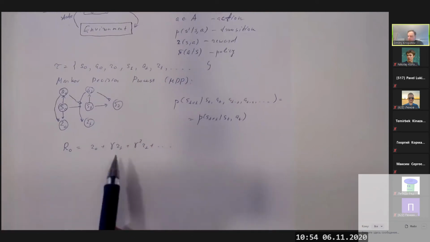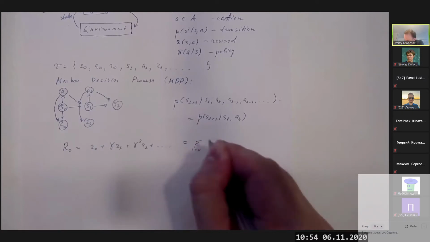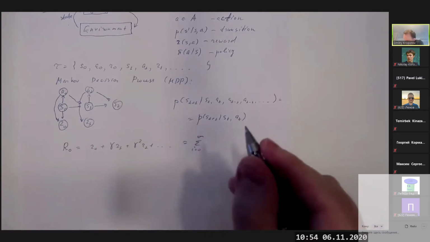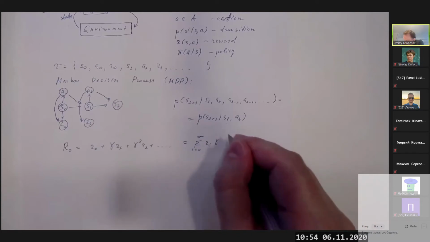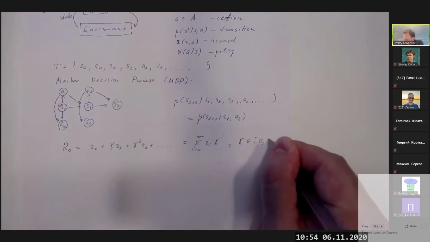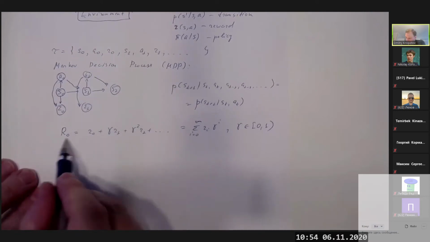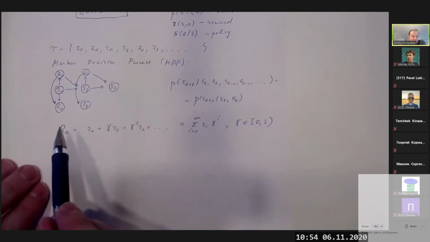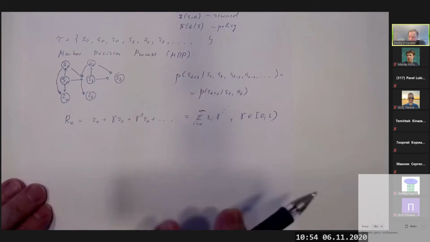So we consider the following series: summation from 0 to plus infinity, where gamma is some factor from 0 to 1 excluding 1. So this is our cumulative reward, big R, starting from time moment 0.